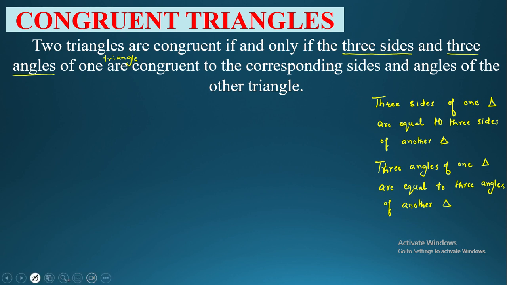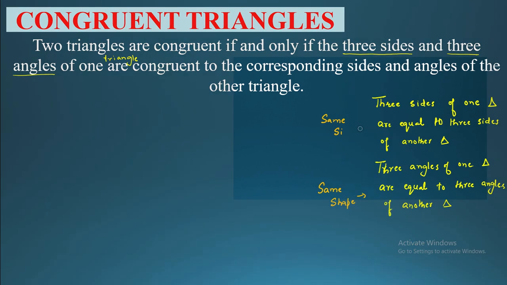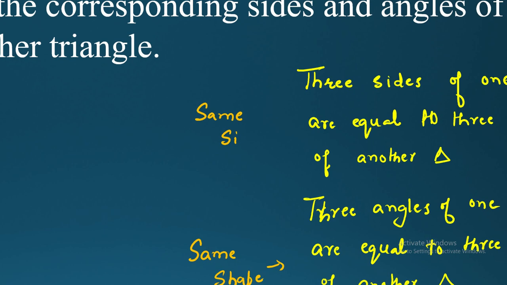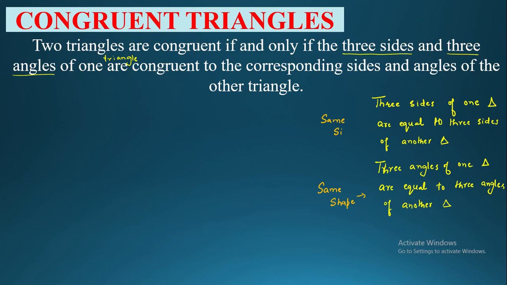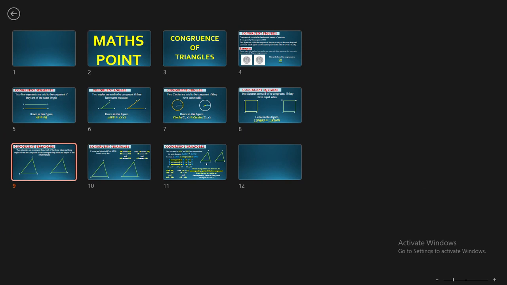When two triangles have all three angles the same, that means three angles of one triangle are equal to three angles of another triangle, then they will have the same shape. And the two triangles will have the same size if three sides of one triangle are equal to three sides of another triangle. So these are the two situations.